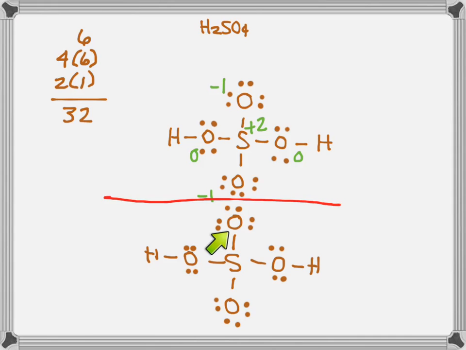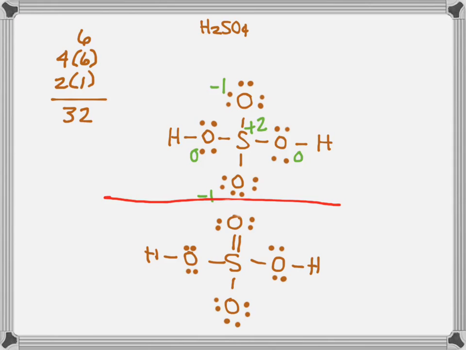So this oxygen had a negative formal charge. That means it's got too many electrons. So I'm going to take one of its pairs of electrons and make it a double bond. When I do that, the oxygen still has an octet, and now I've given sulfur more than 8 electrons, which we said we shouldn't do previously.